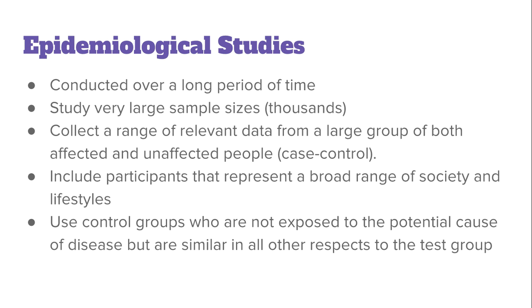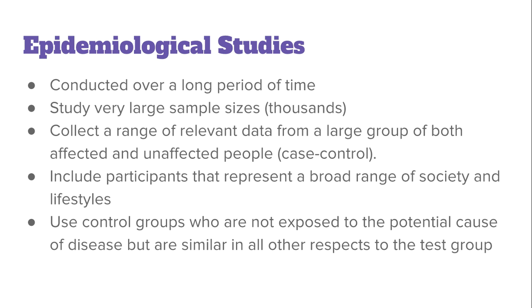They study very large sample sizes, so there are many people in these studies, and they're collecting a wide variety of relevant data from the people who are affected and unaffected people. So that's in those case control studies. If they want to study one aspect of their life, they don't just collect that data. They're making sure that they collect a large range of data to analyze at any point in time.